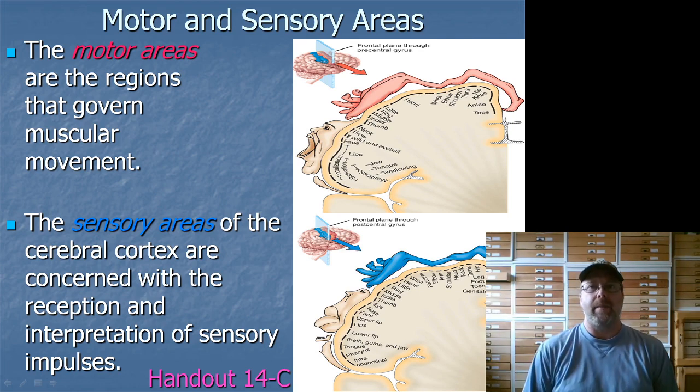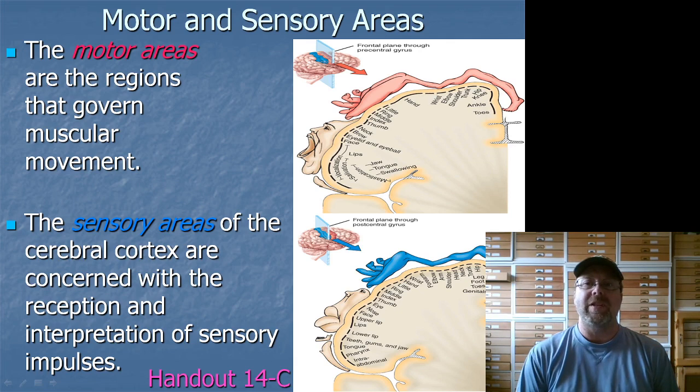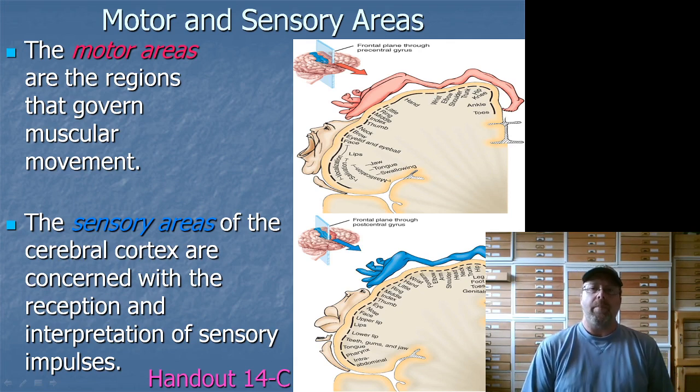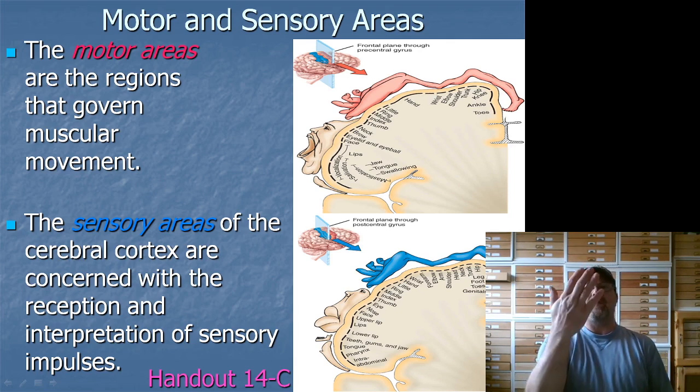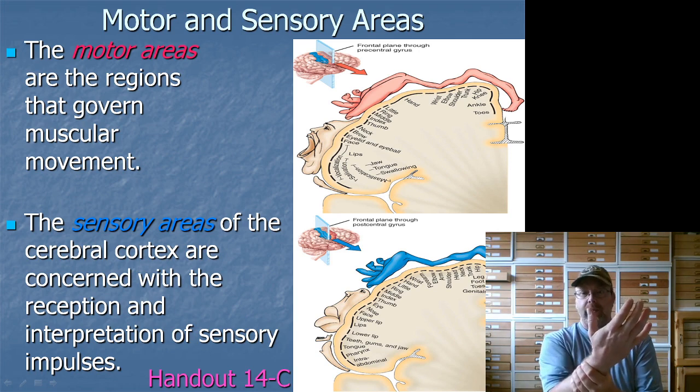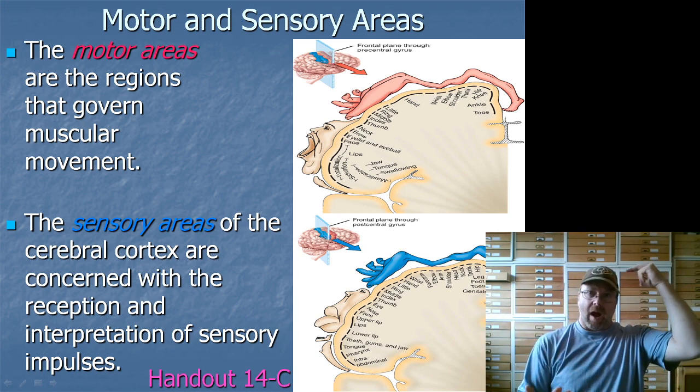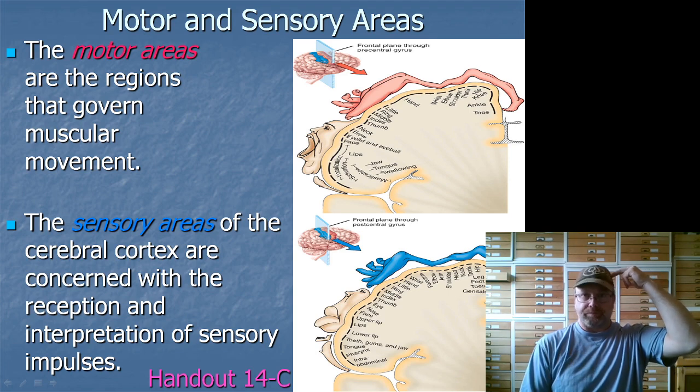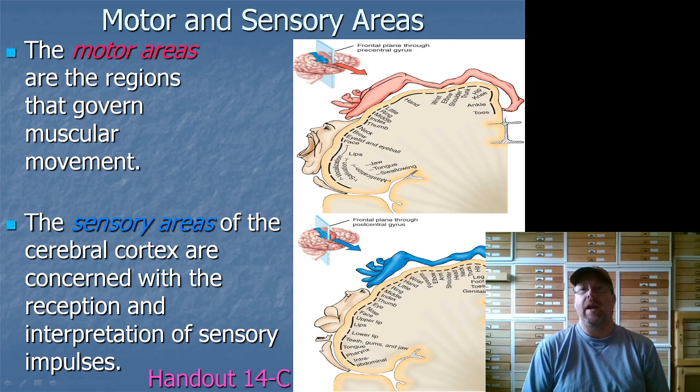So the sides of the brain that control your motor and sensory are going to be opposite to your body. This can come in really handy, for example, with someone who has had a stroke. If someone's had a stroke and it's affecting, let's say, their right hand, they automatically know that that stroke damaged the left side of the brain in that precentral gyrus area.